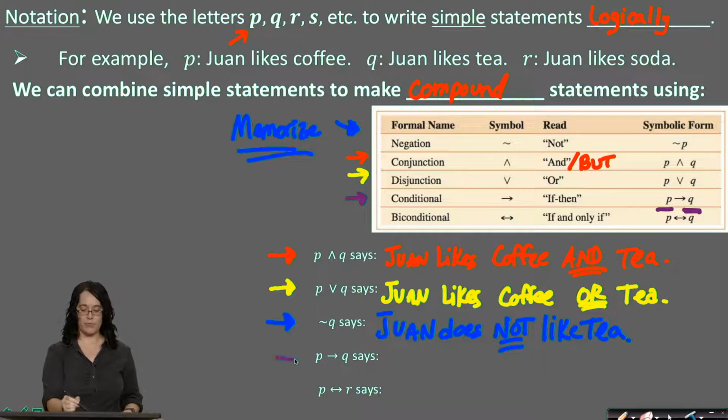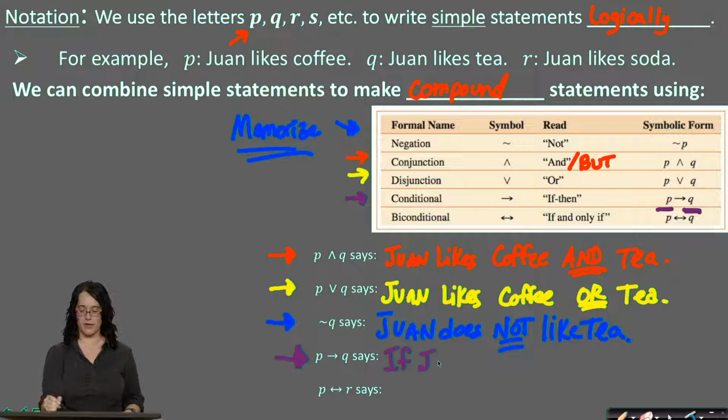So how would we rewrite the conditional situation here based on our example with Juan liking different types of drinks? If P, then Q, what would that be? So the first thing you need to put is the word if. Good job. If, and then you say, what was the P? P was Juan likes coffee.